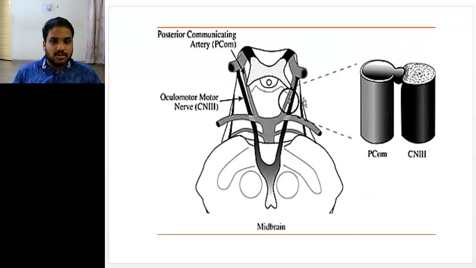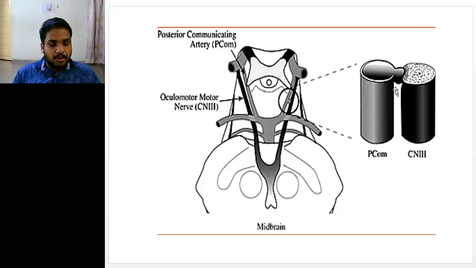For example, I have told you the oculomotor nerve is in close relation with the posterior communicating artery, right? So, in case of a posterior communicating artery aneurysm, it presses onto the third cranial nerve. So, the fibers on the periphery are getting affected due to this compression.